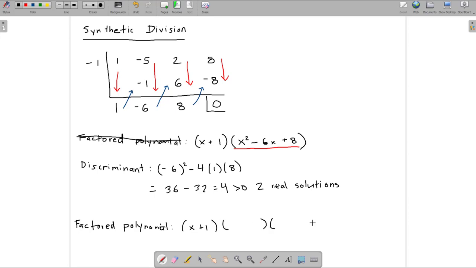So I'm going to set up two bubbles here. I'm looking at factors of 8 that sum to -6.